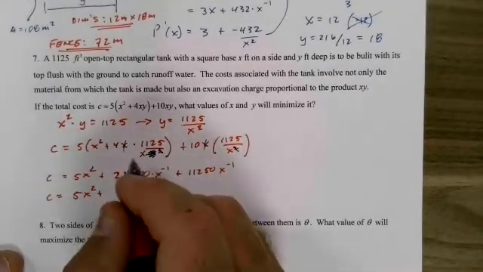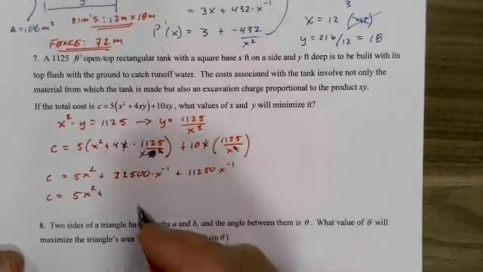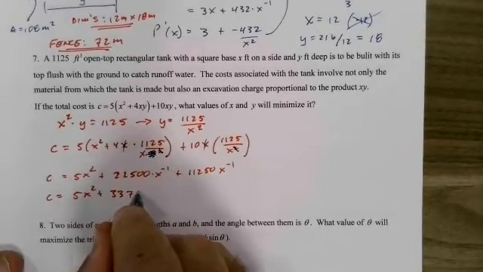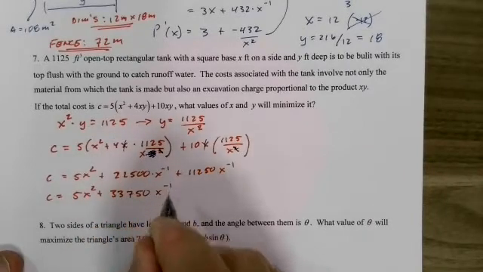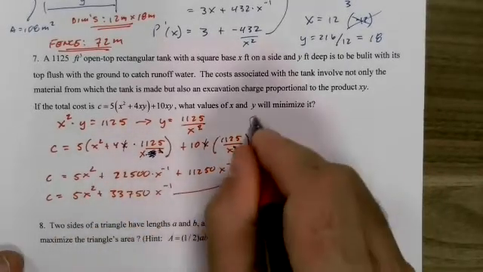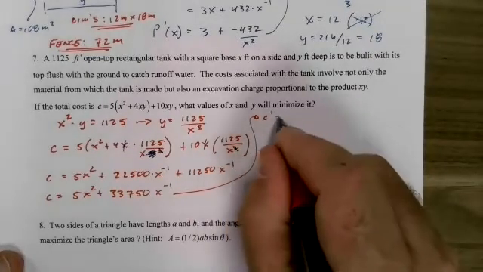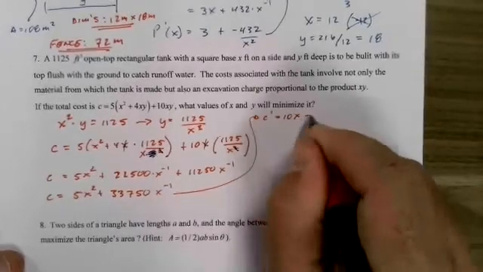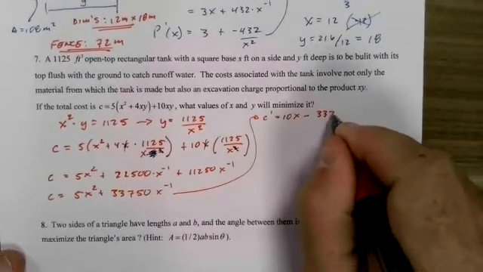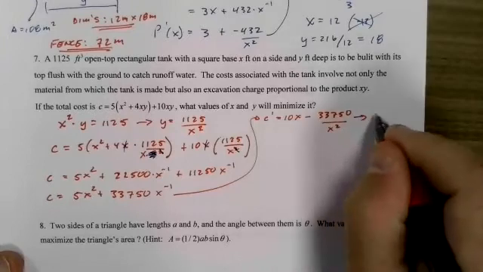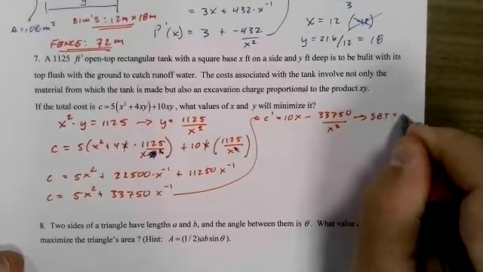There's a negative in here when I do a derivative. I haven't done my derivative yet. 33,750 x to the negative first. C prime equals 10x minus 33,750 over x squared. Set equal to 0.